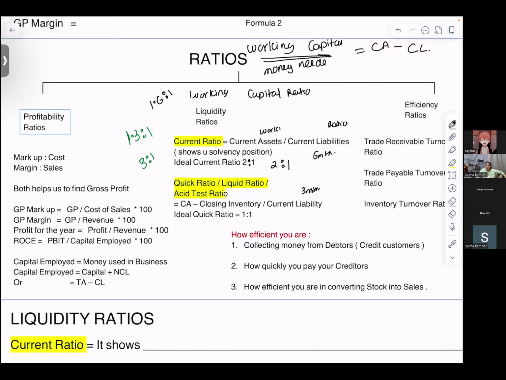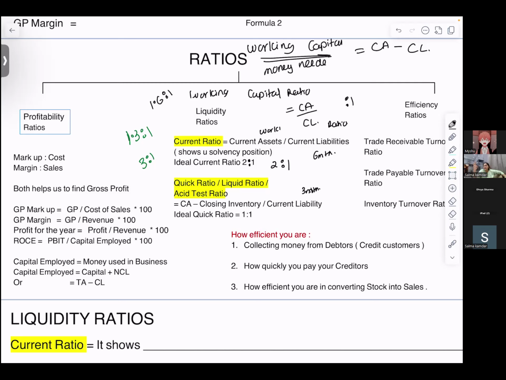Working capital ratio is current assets divided by current liabilities. Are you with me? The answer is expressed as is to 1. So there is a difference between working capital and working capital ratio.